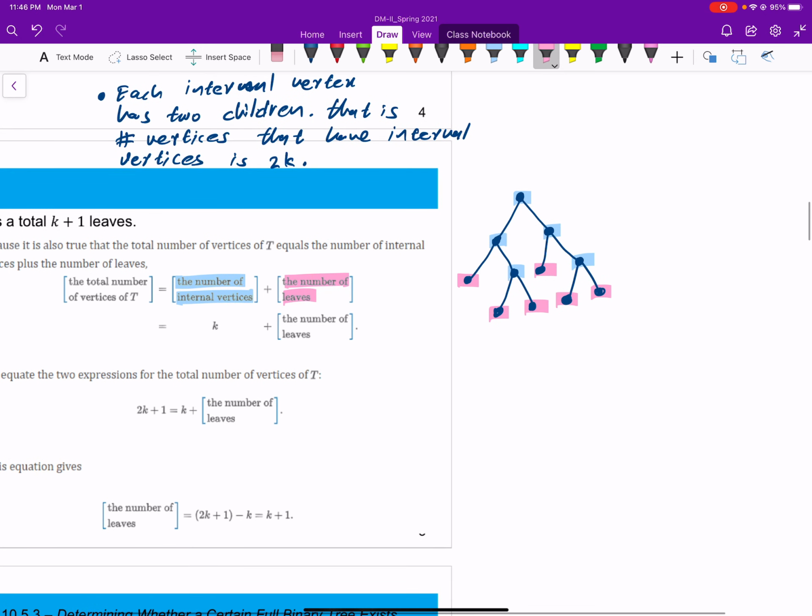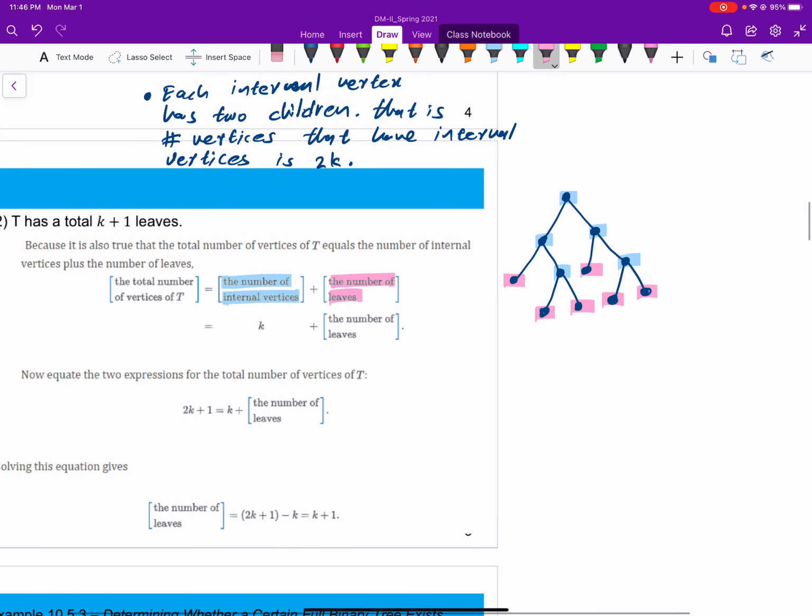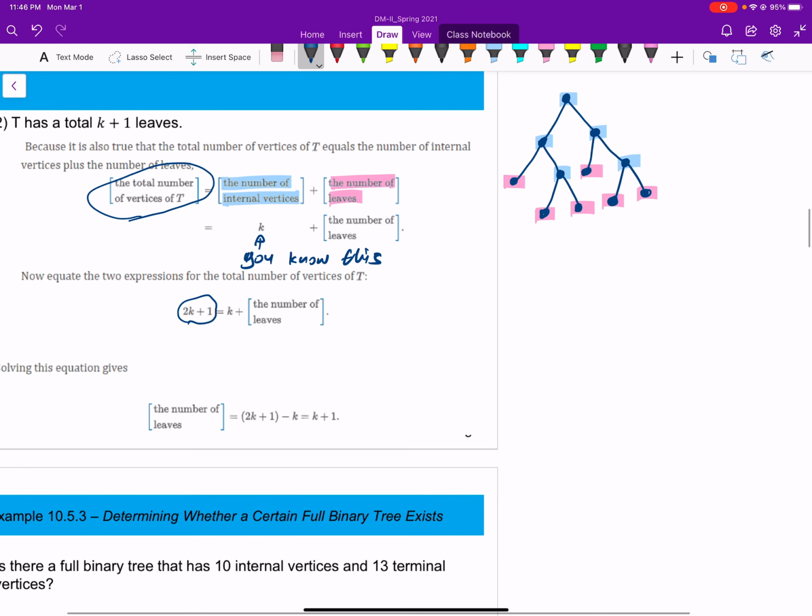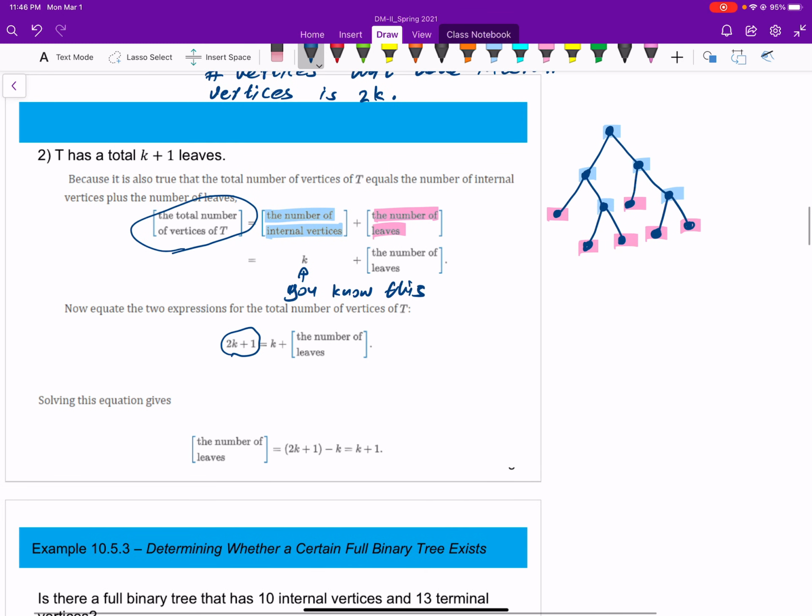All right. In this problem, there are k internal vertices. This is given to you. And the total number of vertices for such a tree is just 2k plus 1. You got this from the previous part.